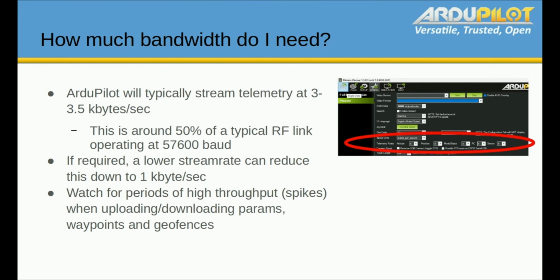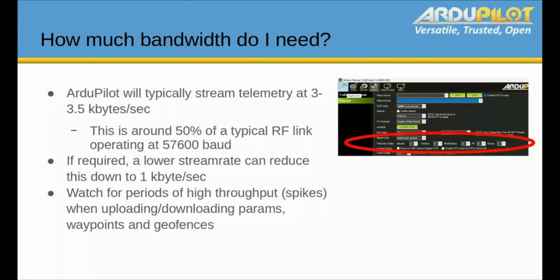If required, you can lower this. I've got a screenshot there of Mission Planner. These are what's called the stream rates in ArduPilot. With stream rates, the GCS is telling ArduPilot how often you want it to send the data streams back for things like the aircraft's attitude or voltage.